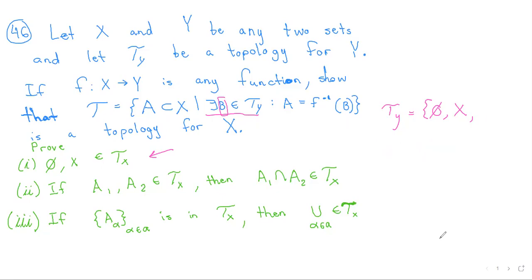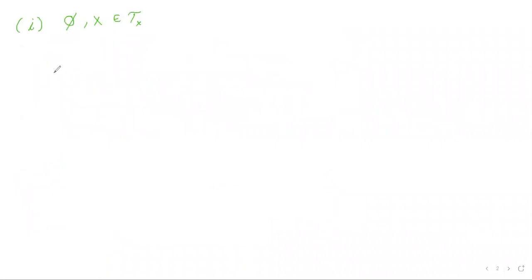I'm going to erase those, and we're going to move to the next page. I'll leave the A here. So to prove that the empty set is in the topology X, we'll now label it with an X. We want to show that the empty set is a subset of X. Here I'll rewrite topology Y. Remember, we already said it's a topology, and every topology contains at least the empty set and the universe.